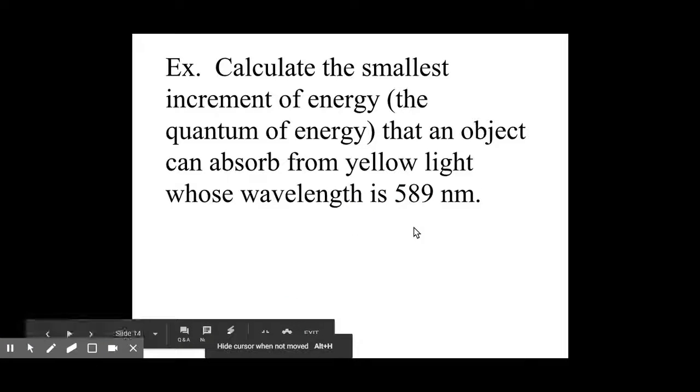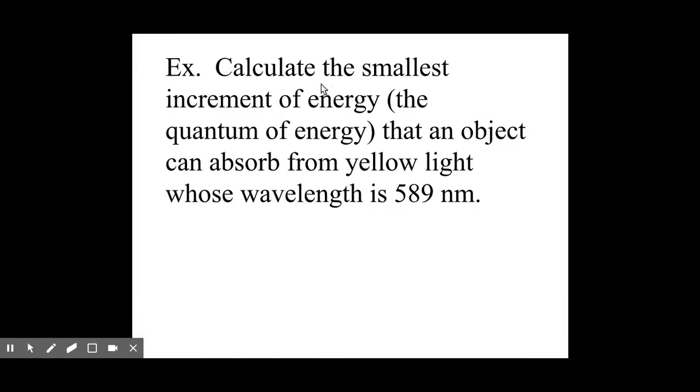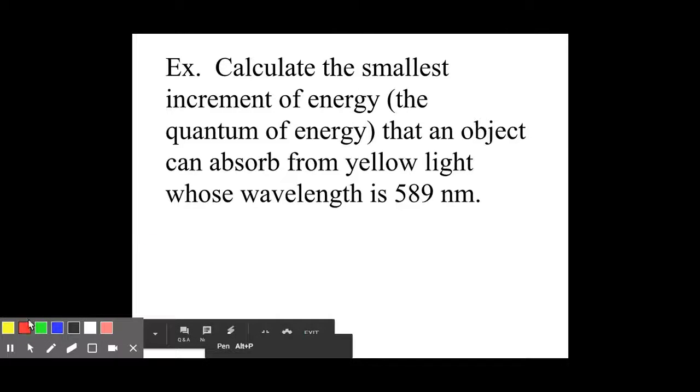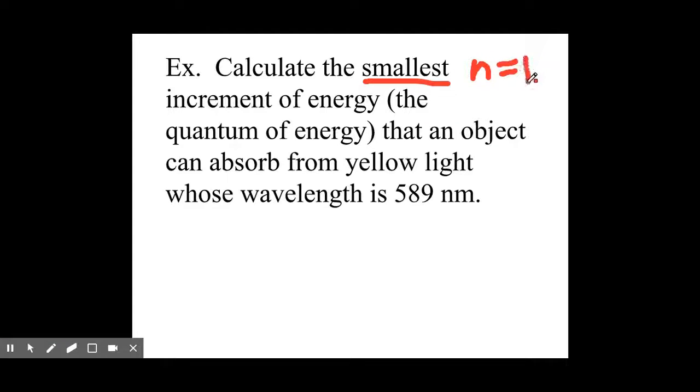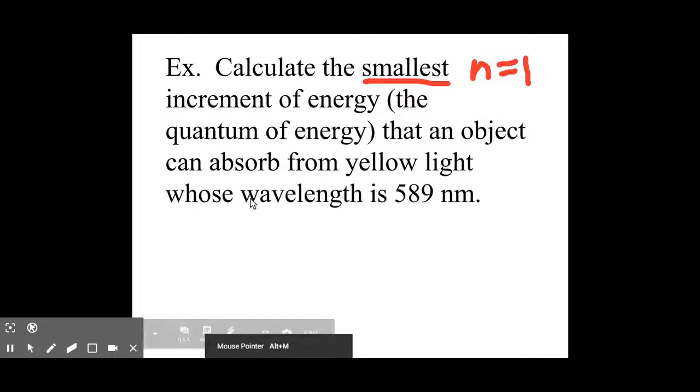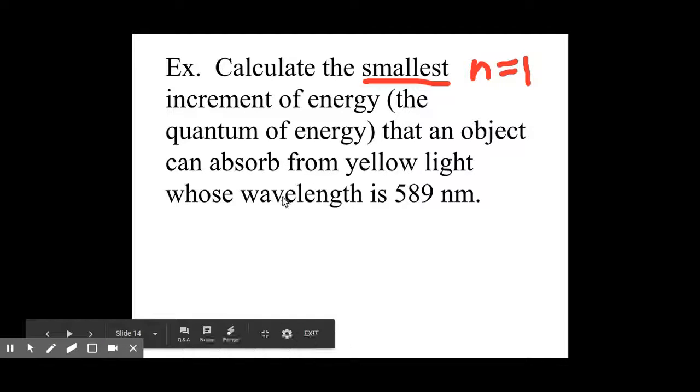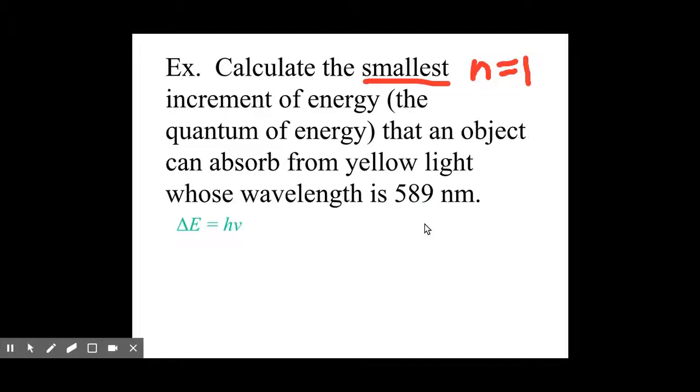Here's a great question. If I was to calculate the smallest increment of energy, you know the integer is going to be 1, of a yellow light whose wavelength is 589 nanometers. If I use Planck's equation, E equals h nu, this is Planck's constant times frequency. So I need to change wavelength to frequency.